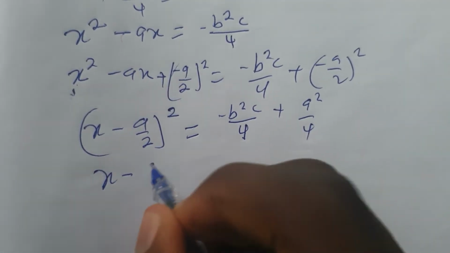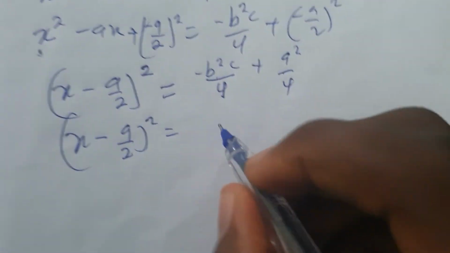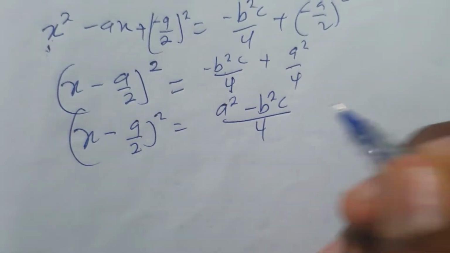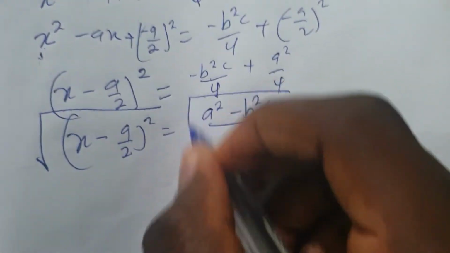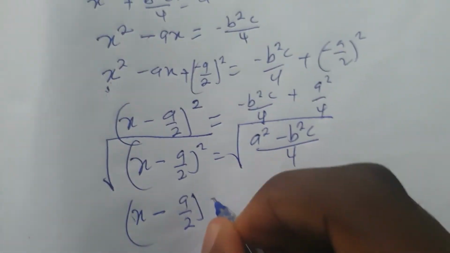We have x minus a on 2 all squared equals, they share a common denominator, so we can now write this all on 4. Square root both sides, so we have x minus a on 2, no need for the brackets though.